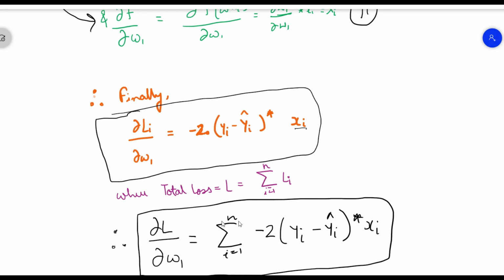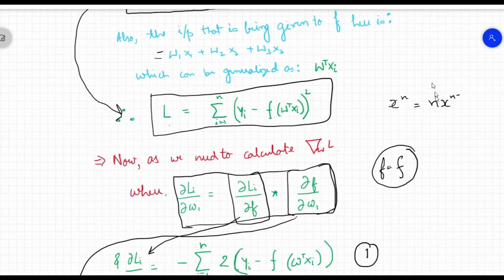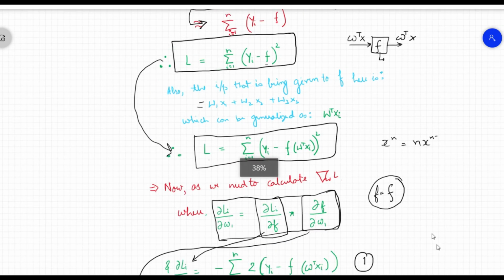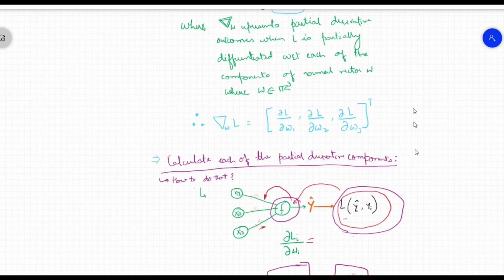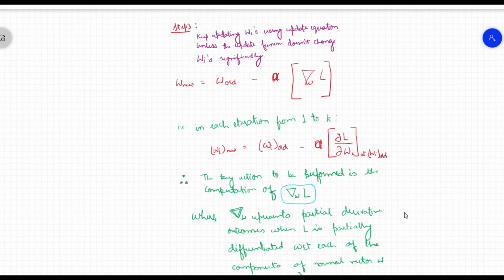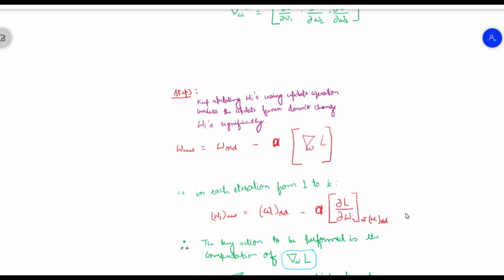Let's call this equation 3. Going back to our stochastic gradient descent last step, we have seen how using equation 3 this value can be calculated at each of these steps, and we can reach convergence using this update equation.